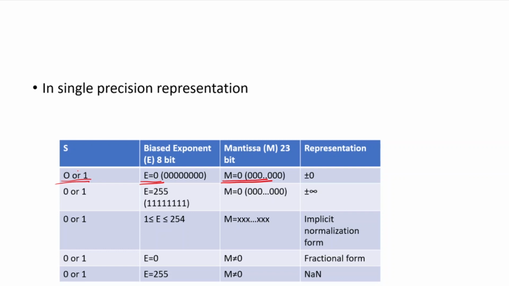When the sign is 0, this represents plus 0. When the sign bit is 1, this represents minus 0. So this is simply reserved for representing plus 0 and minus 0.